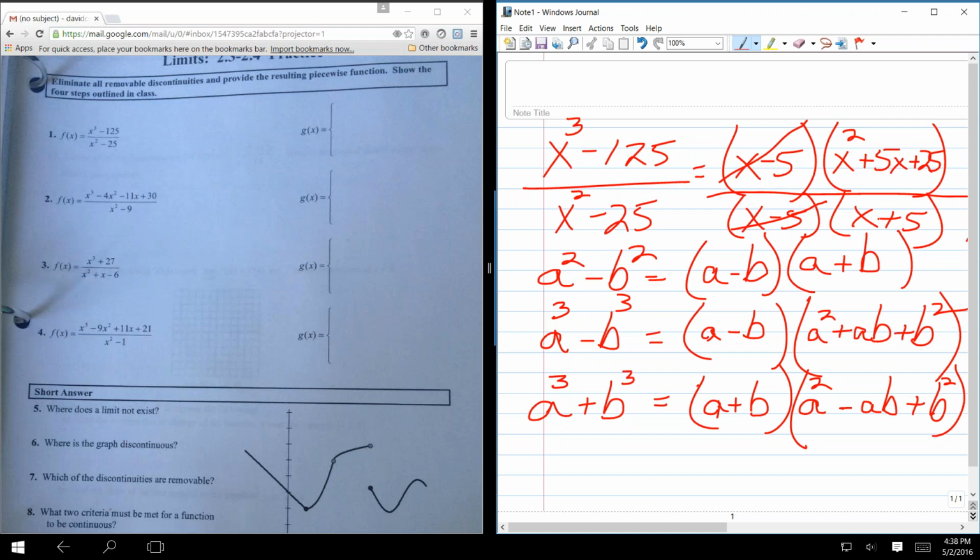In other words, wherever the denominator is equal to 0, you generally have vertical asymptotes, unless one of the factors has been canceled out, and then you don't have a vertical asymptote at x equal 5, you have a hole. So you would graph that remaining function. And you would say not only can x not be equal to minus 5, in other words, that would give you a vertical asymptote, but it also cannot be equal to plus 5.